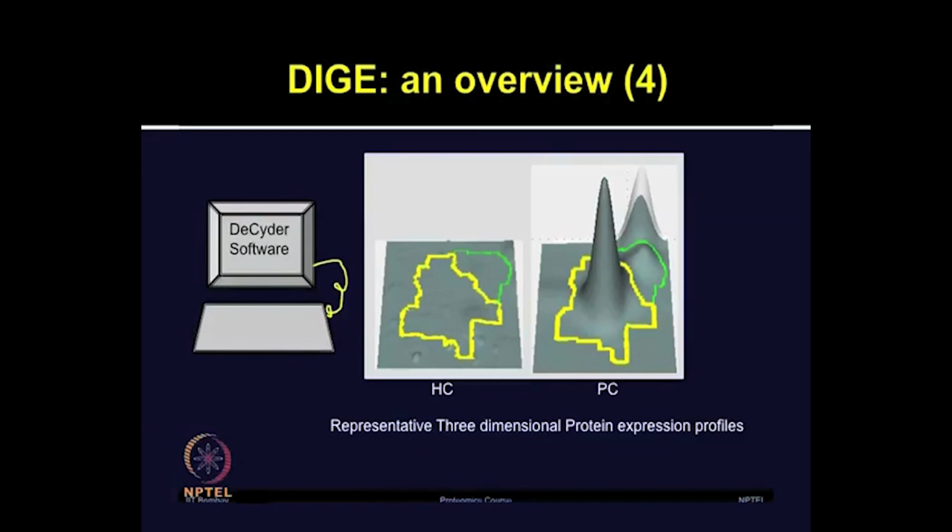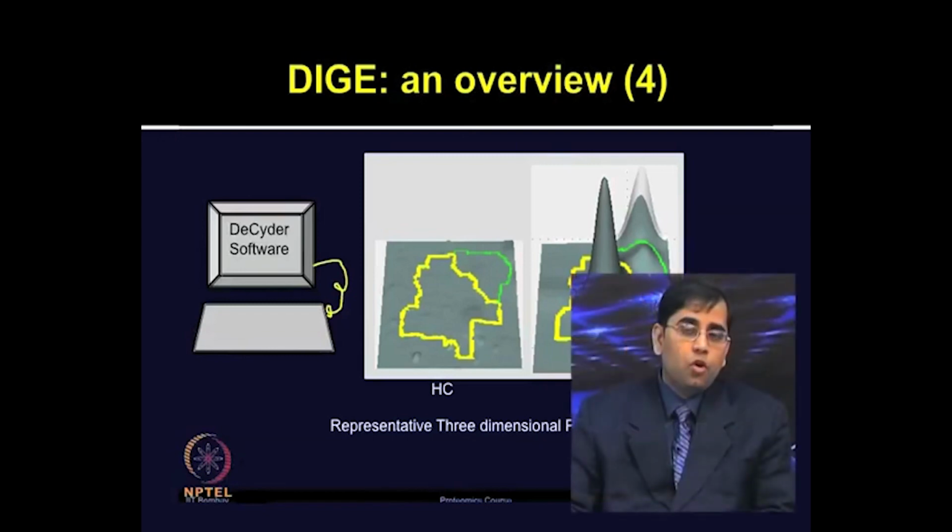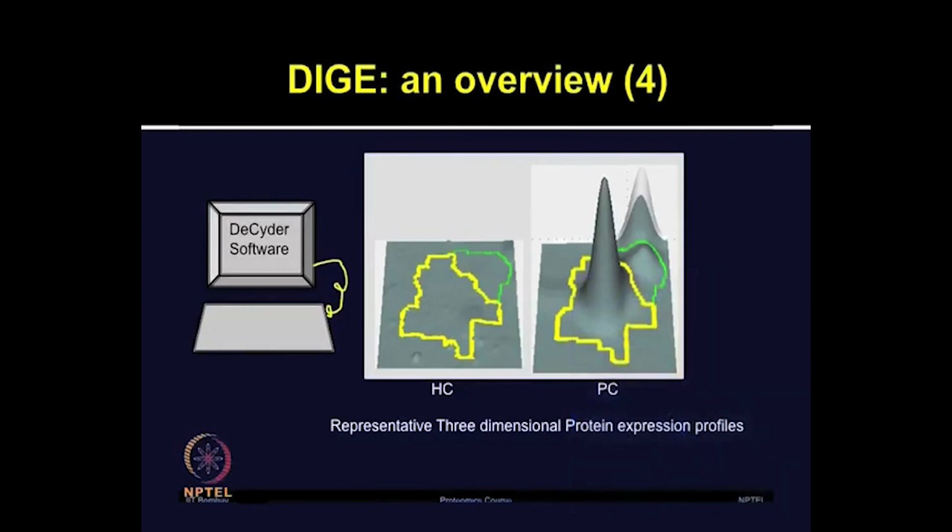So, once you have run these gels, now from the same gel the images can be obtained, 3 images of your control and the treatment, and these can be analyzed with different software such as DeCyder software, and then by looking at 3-dimensional views and the statistical data, these proteins can be considered as interesting for further investigation.